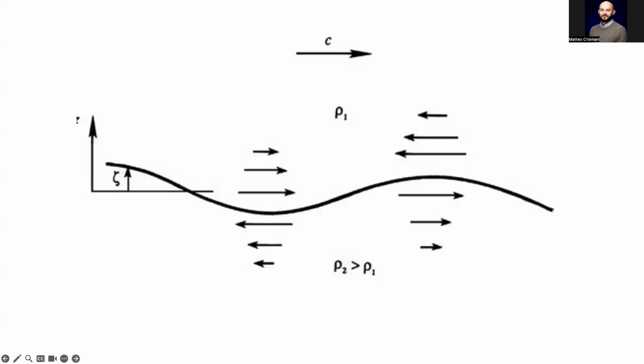So we're going to need something here that we call the Brunt-Vaisala frequency. This is the Brunt-Vaisala frequency, and it works like N squared equals minus g over rho naught d/dz of rho bar.